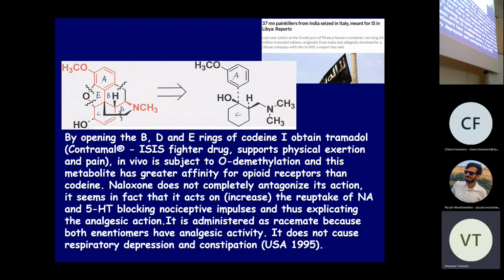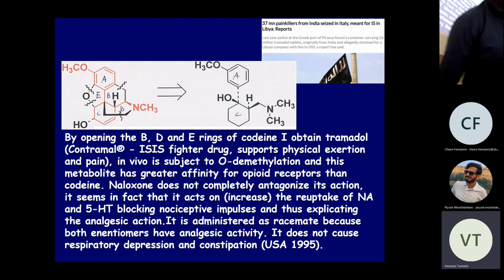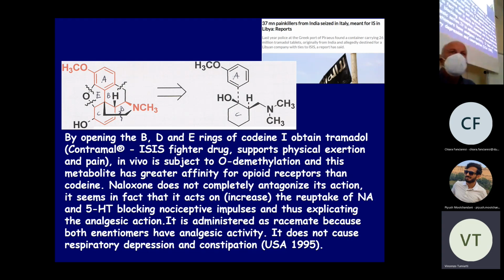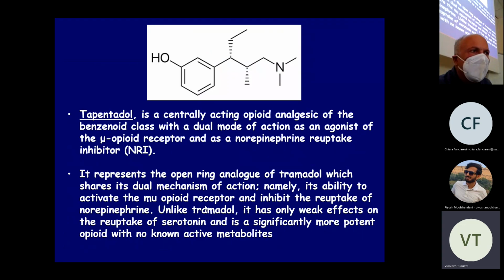So it is a strong painkiller. Finally, the last compound of this class is tapentadol. It's very recent, and you can see a very simple linear chain with two chiral centers, an aromatic, phenolic ring.